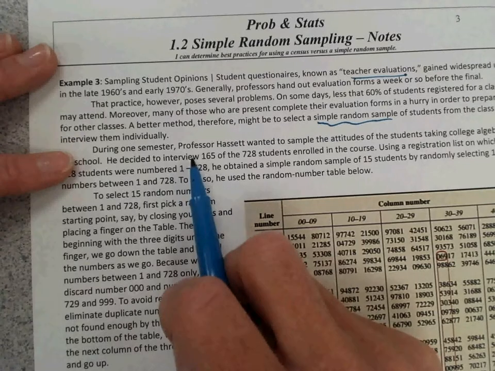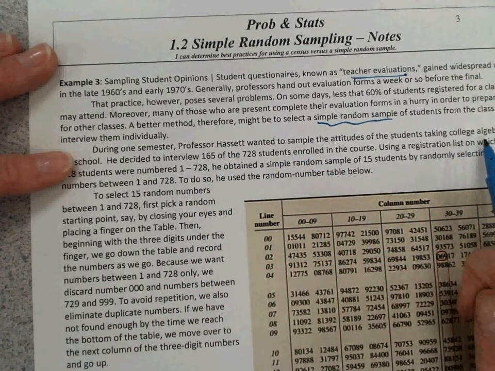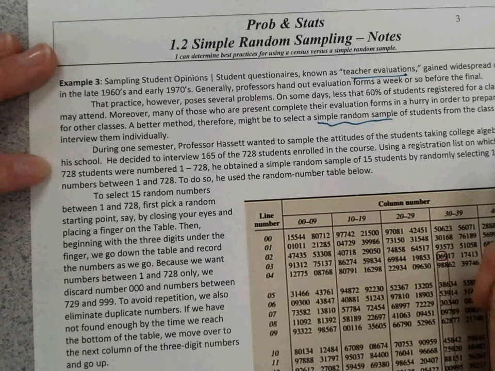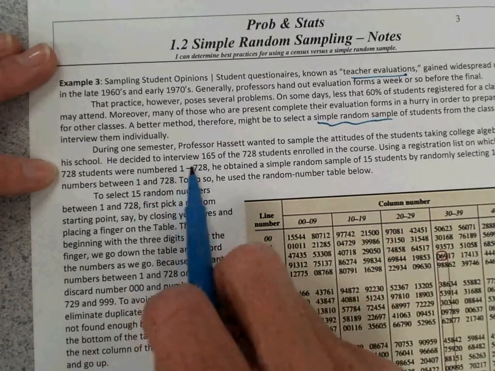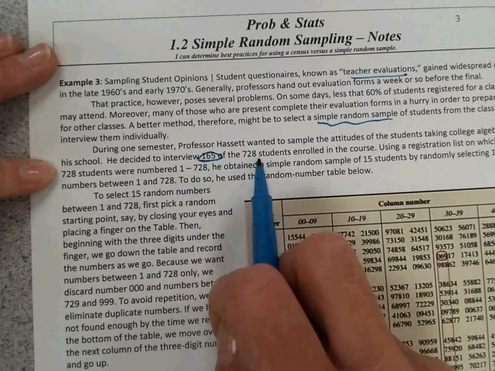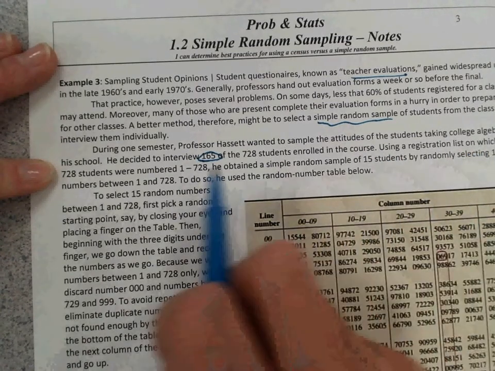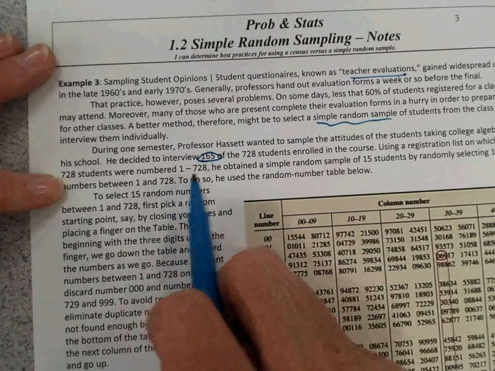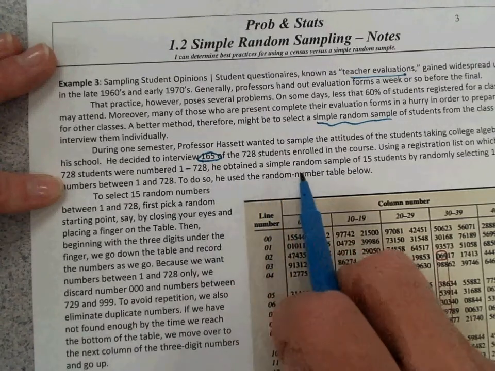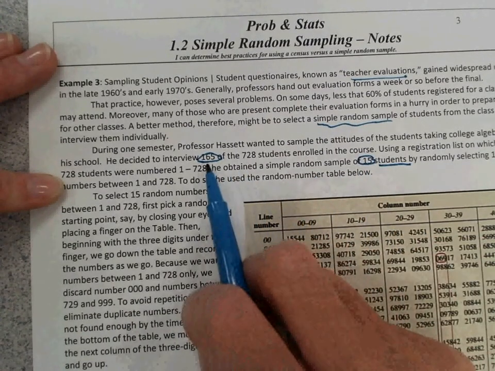During one semester, Professor Hassett wanted to sample the attitudes of the students taking college algebra at his school. He decided to interview 15 of the 728 students enrolled in the course. Using a registration list in which the 728 students were numbered 1 to 728, he obtained a simple random sample of 15 students.